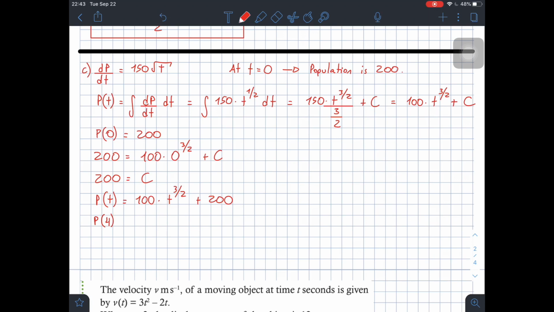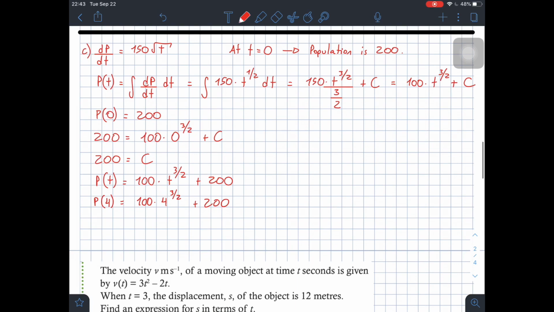So P of 4 is equal to 100 times 4 to the power of 3 over 2 plus 200. Right? So how do we find 4 to the power of 3 over 2?